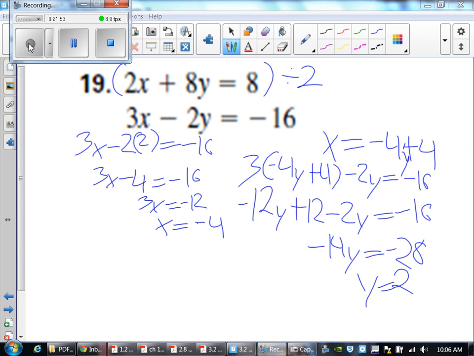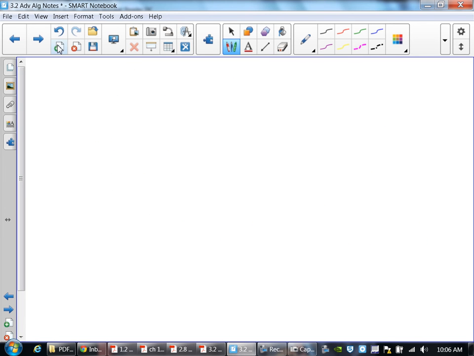One last little question here when we talk about ways that lines intersect, because I did not bring this up.